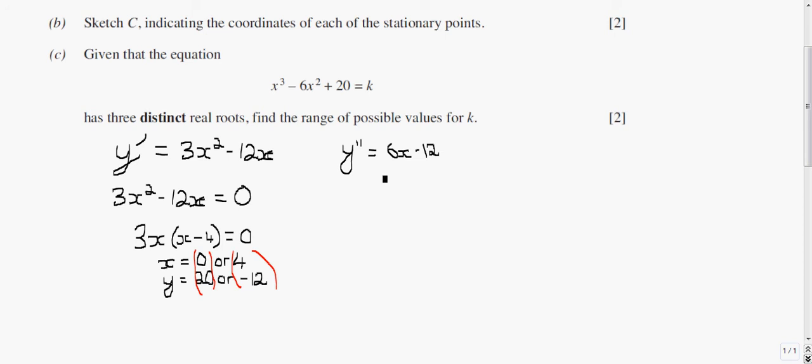So at x equals 0, y double dash, the second derivative, equals minus 12, so that is less than 0. So that's going to be a maximum. And at x equals 4, our second derivative here is greater than 0, so that's going to be a local minimum.